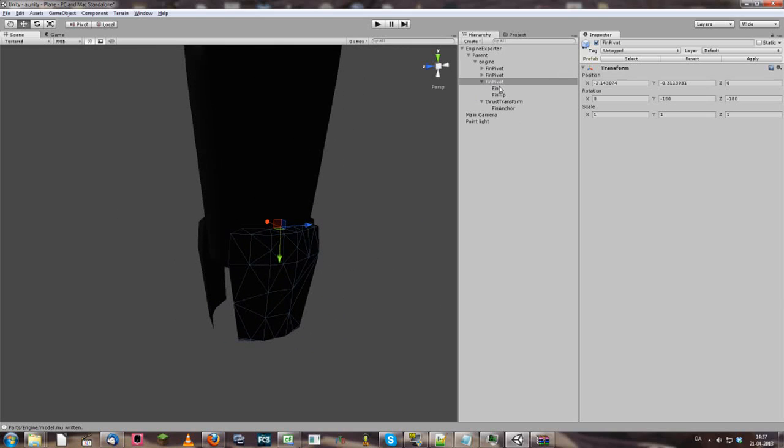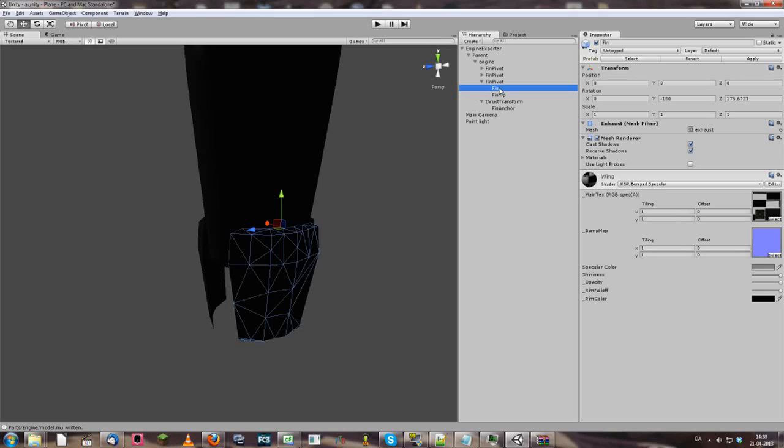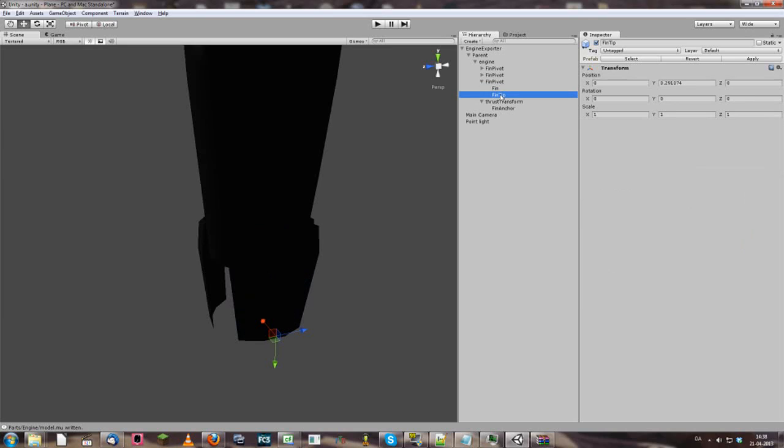The fin pivot has two children. The fin itself, that's just the physical object. It could be gone, but then you just wouldn't see anything. And the fin tip. The fin tip is important. As I said, that's what's used to calculate how much to actually rotate the fin pivot.